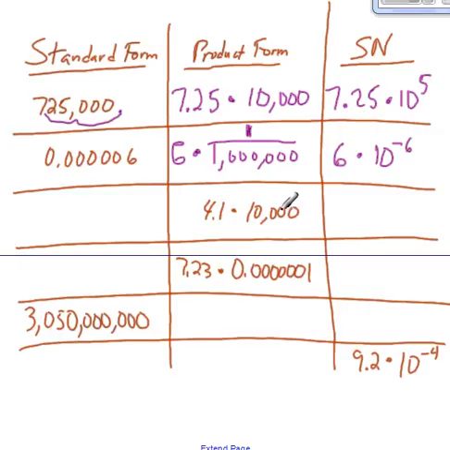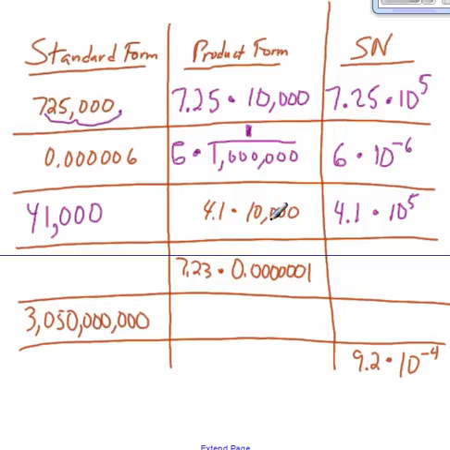Now, what if I wanted to say what a number in product form is in standard form? Well, multiplying a number by 10,000 would be sliding its decimal 4 places to the right. So that'd be 1, 2, 3, 4. So that's 41,000. And then in scientific notation, this would be 4.1 times 10 to the 5th power.